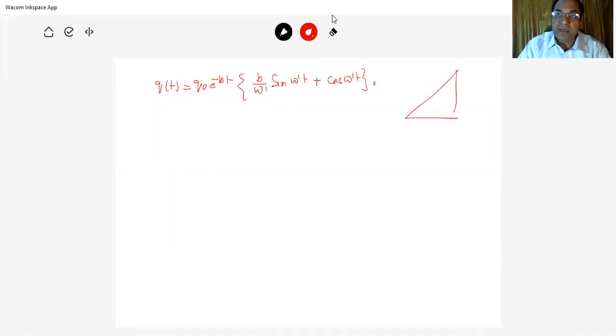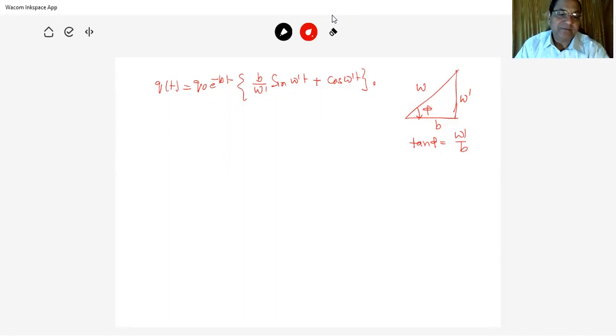So if this part is supposed to be phi, and this phi is B by omega dash, then tan phi is omega dash by B. So we can have the values of cos phi and sin phi as well.